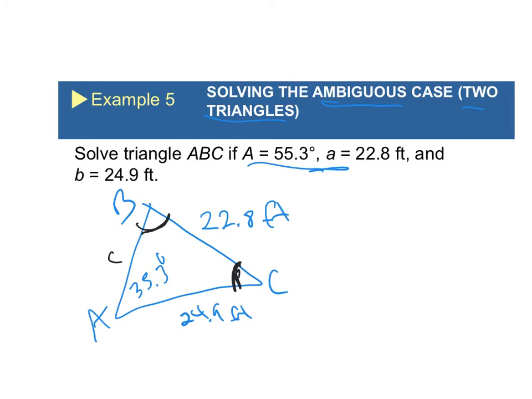What do I have? I have an angle. Next to it, its side. And then I have another side. Or side, side, angle. So that means I have to be prepared for three cases, 0, 1, or 2. And he's already telling me a hint.